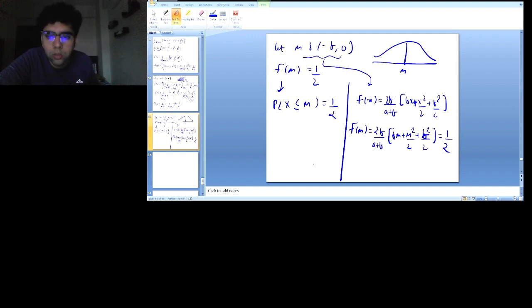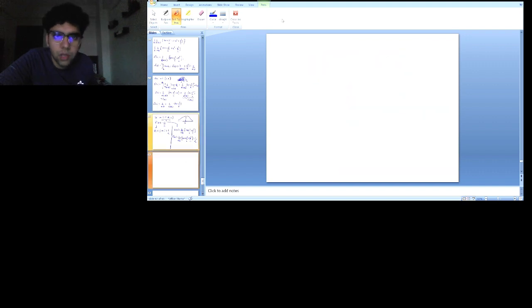Okay, so now we need to find the answer to this equation, and this will give us our median m if it lies between the domain minus b and 0. So this gives me 2b upon a plus b into bm plus m square by 2 plus b square by 2, which is equal to half.